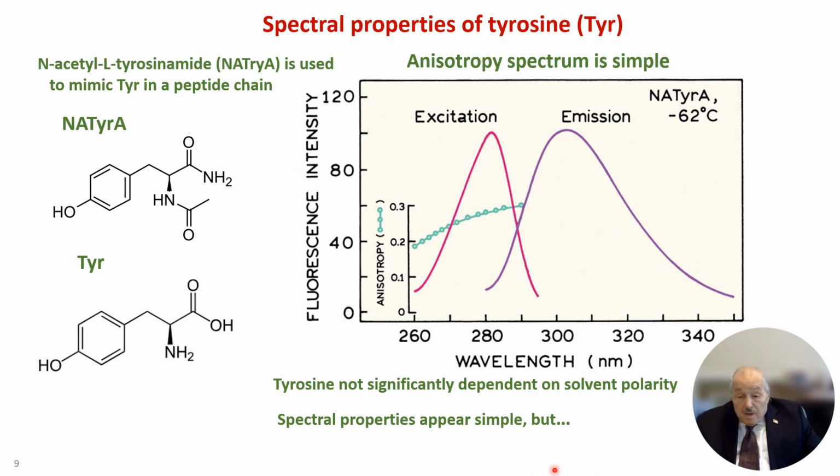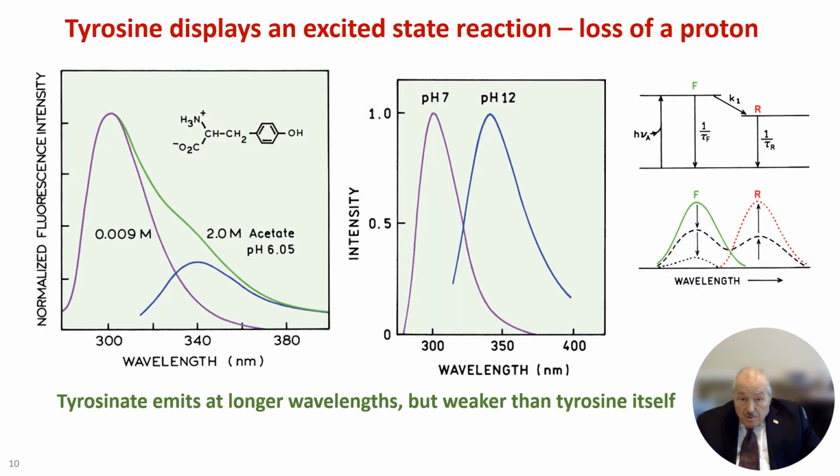But there is one complication with tyrosine that it's important to remember, and that is that tyrosine can display an excited state reaction. You might remember in our earlier lectures we discussed an excited state reaction where the fluorophore reaches the excited state. I haven't put in all of the other levels there, and it has one decay time, then it relaxes, but the relaxation here is not a solvent relaxation.